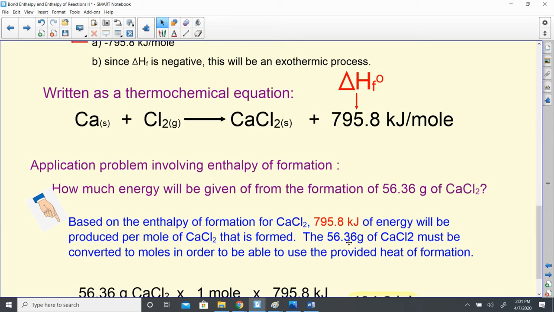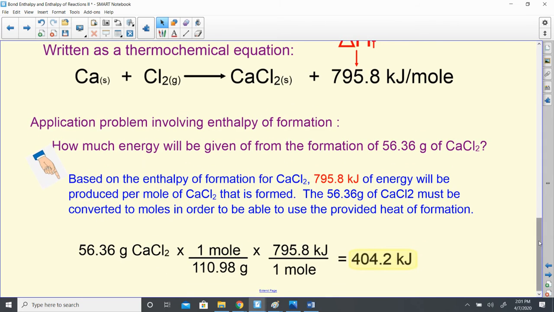The 56.36 grams of calcium chloride must be converted to moles in order to make use of this information. So basically, I took 56.36 grams of calcium chloride, converted to moles, multiplied it by its enthalpy of formation, and we are going to produce 404.2 kilojoules of energy.